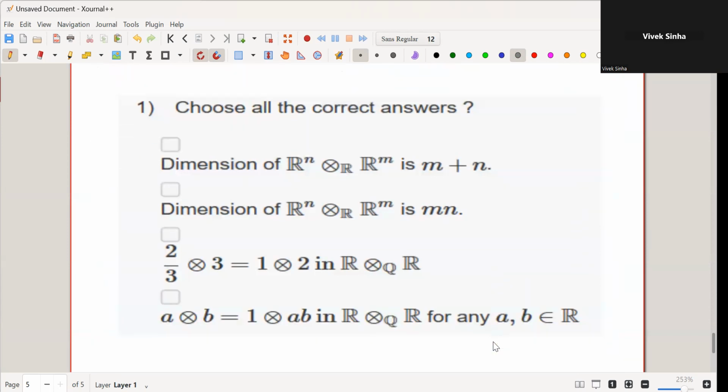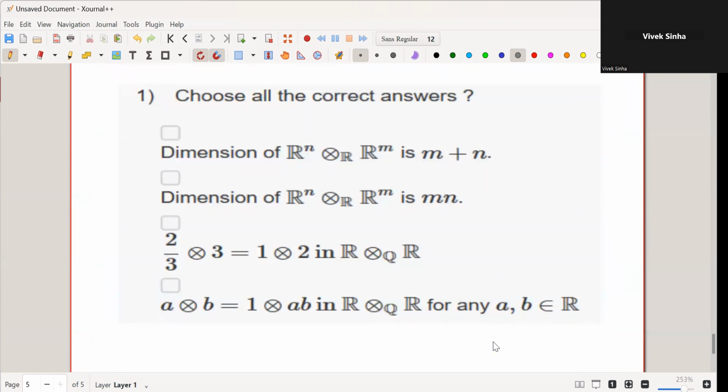First one is dimension of R^n tensor R^n is m plus n. Dimension of R^n tensor R^m is mn. 2/3 tensor 3 equals 1 tensor 2 in R tensor R over Q, and a tensor b equals 1 tensor ab in R tensor R over Q.